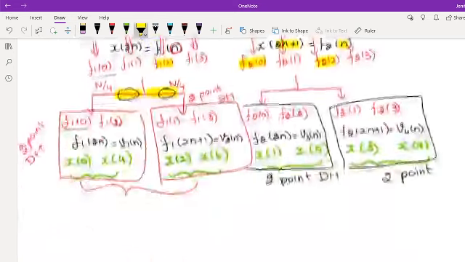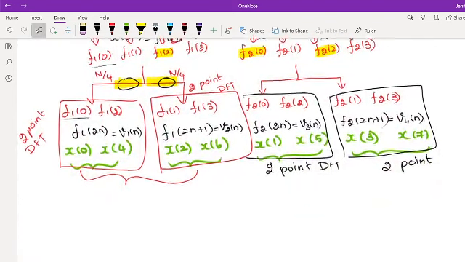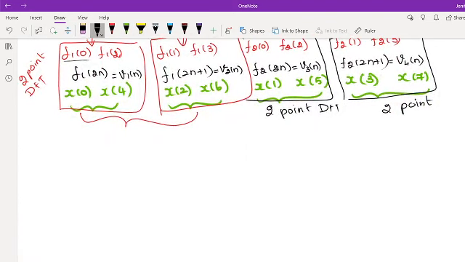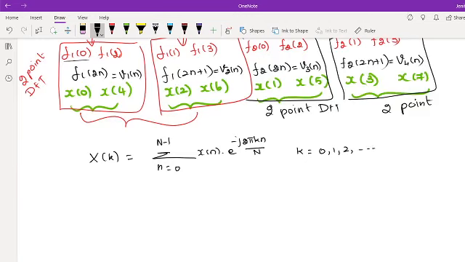So let's check this N-point DFT. First I am writing the N-point DFT: X of k is equal to the summation from n equal to 0 to N minus 1 of x of n into e power minus j 2 pi k n by N. Here it is an N-point DFT, so the k values are 0, 1, 2 up to N minus 1, since it starts from the origin and ends at N minus 1.